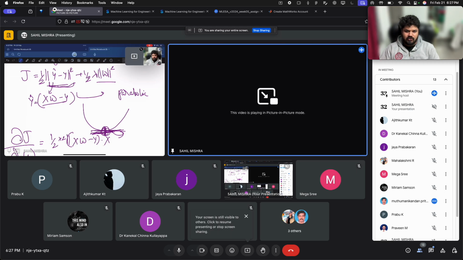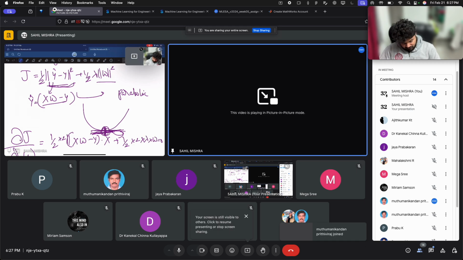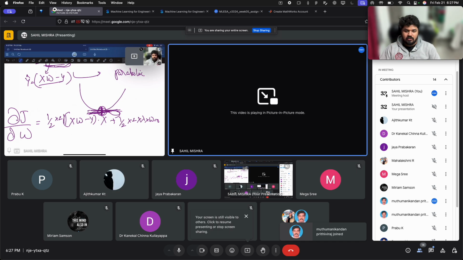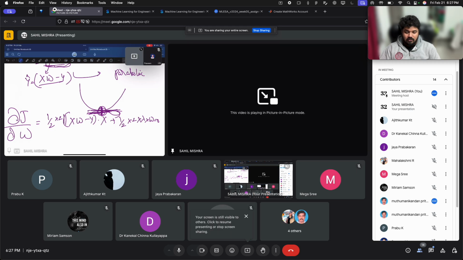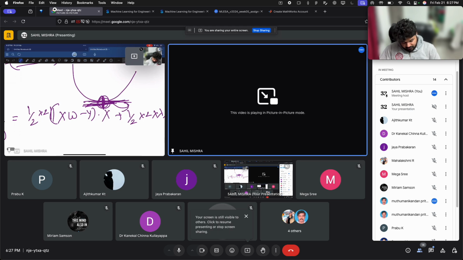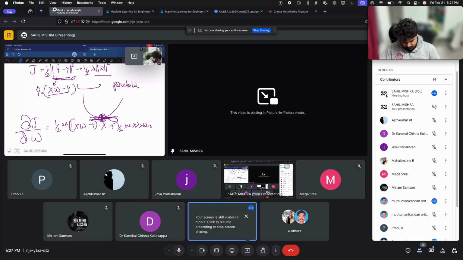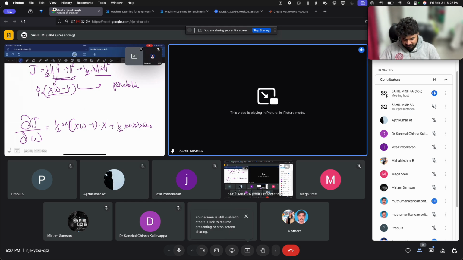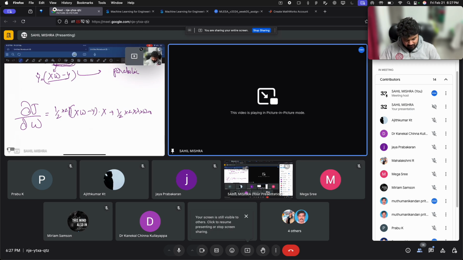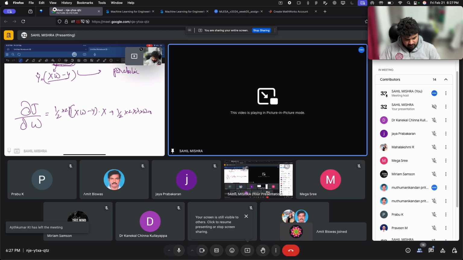Should it be X transpose? Okay, let me write. So the next expression becomes 1 by 2 into 2 into lambda into W, and this thing is equated to 0. This is the derivative, right?